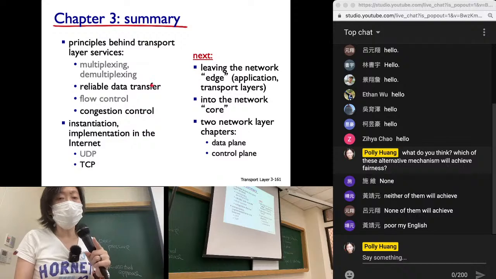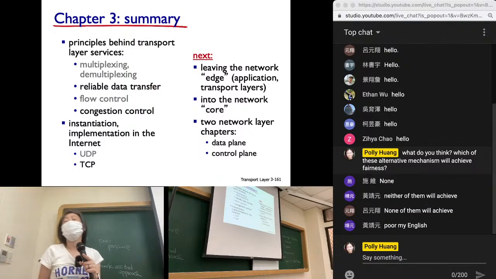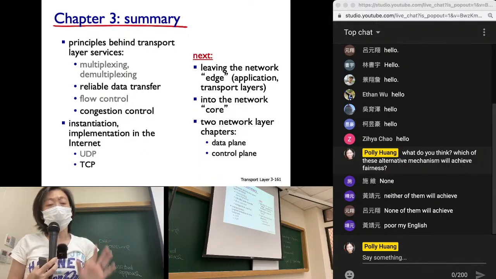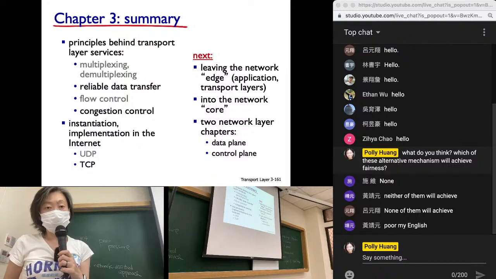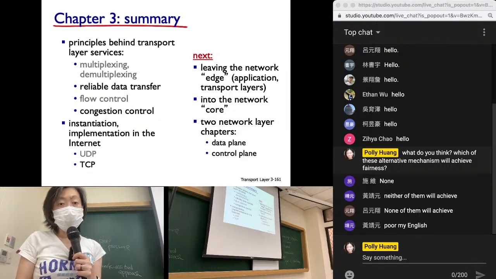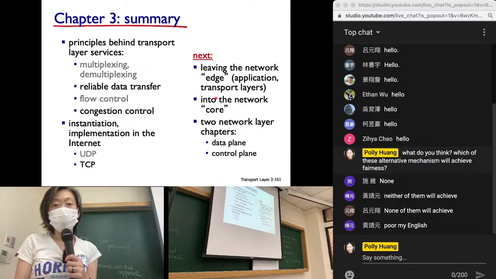Among them, RDT and congestion control we spent a lot of time talking about. These are the top 10 problems. As you see, they are not that trivial, not like flow control or multiplexing, demultiplexing, which are quite straightforward. RDT and congestion control are also part of TCP. Therefore, we spend quite a bit of time on TCP.